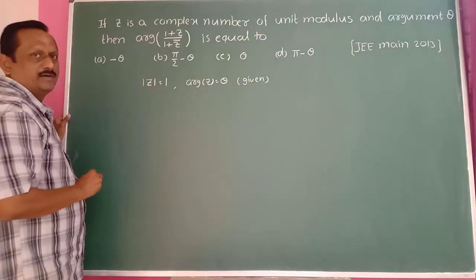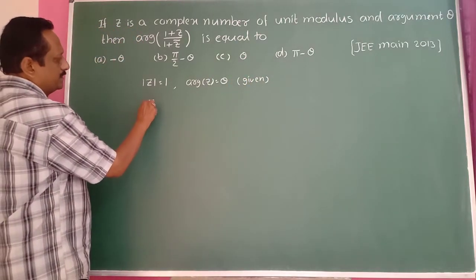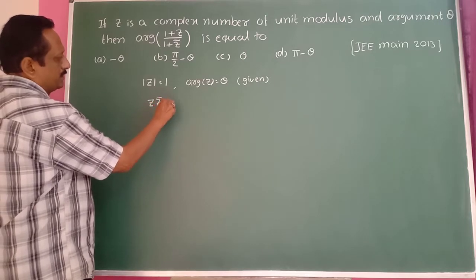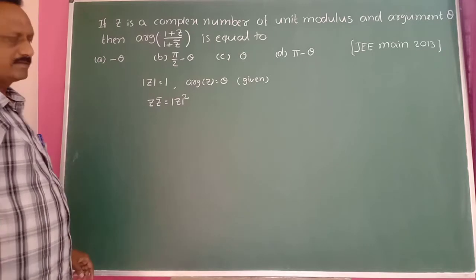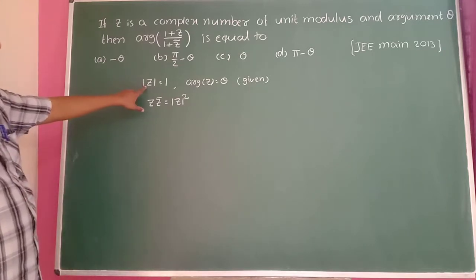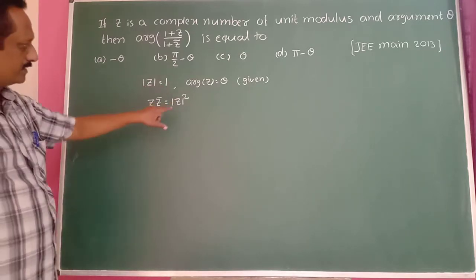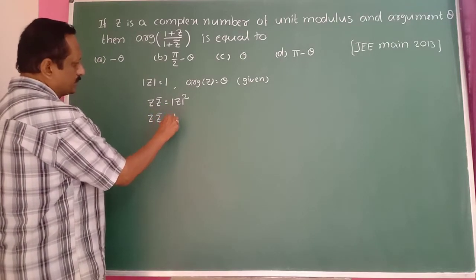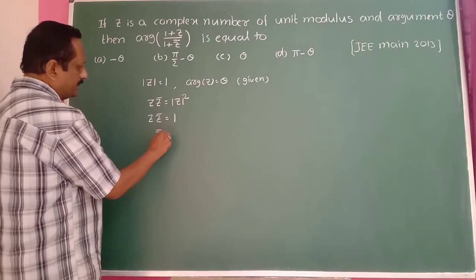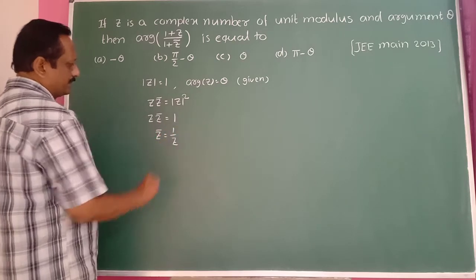So there is one formula in complex numbers: Z into z bar is equal to modulus of z square. But modulus of z is 1 here, so this becomes 1. Hence z into z bar is equal to 1. Hence z bar is equal to 1 divided by z here.